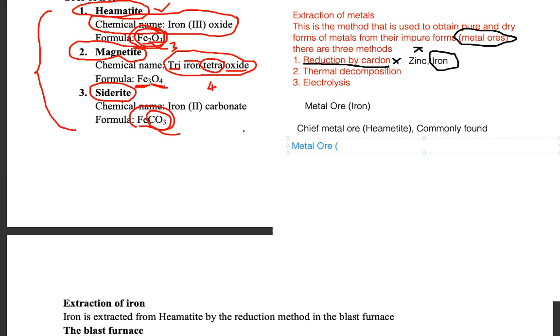So the metal ore, which is hematite, must be there. What else do we need? We need calcium carbonate. But at times they just call it limestone. But we understand chemically that limestone there's calcium carbonate.